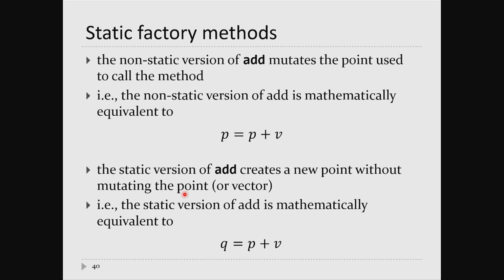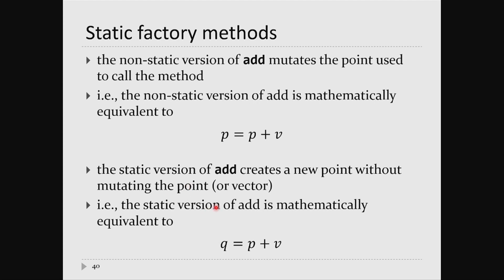And that produces a point like that. So you've got the non-static version of a method that changes the point that you call the method with, and then you have the static version of the method that doesn't change the point. So it lets you express two different mathematical concepts.